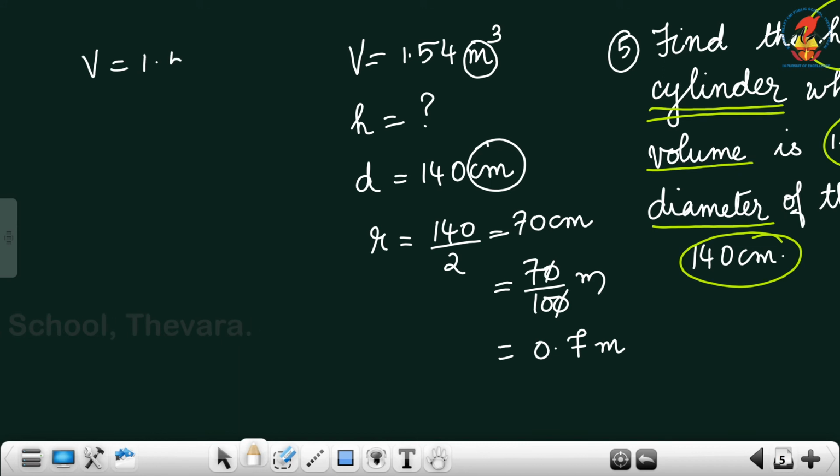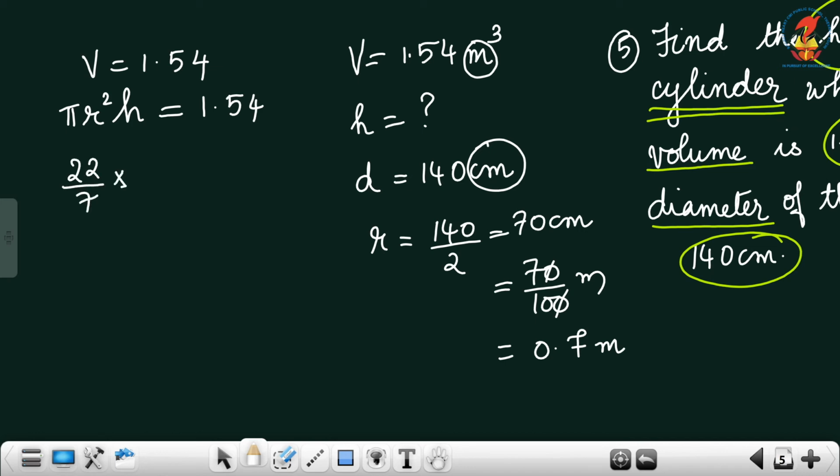Volume is equal to 1.54. What is the formula? Pi r square h equals 1.54. 22 by 7 into, what is the radius that we got? 0.7 whole square into height equals 1.54.